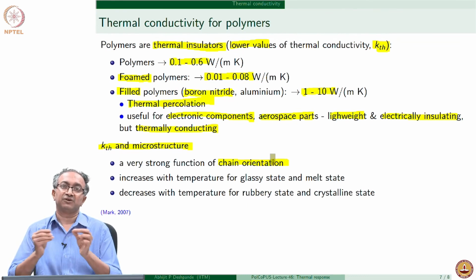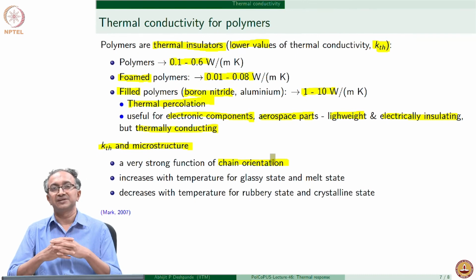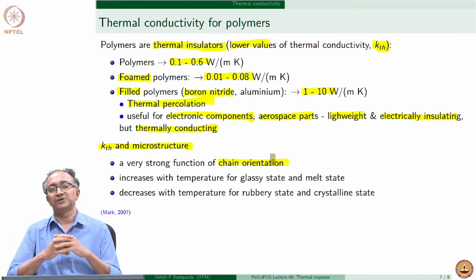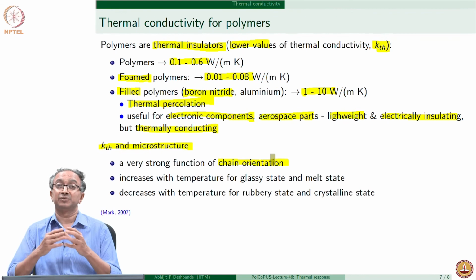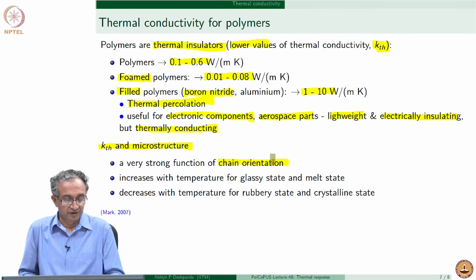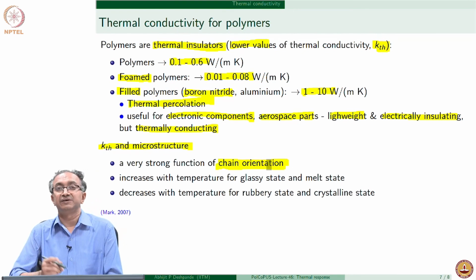Now, if you look at a macromolecule, the interaction between two macromolecules is through secondary interactions, and these are much weaker. The interactions along the macromolecule chain are much higher because of the covalent bond. And so, conduction along the polymer chain is much stronger than across the chain. Therefore, if a sample has oriented chains, then the thermal conductivity will be very different.